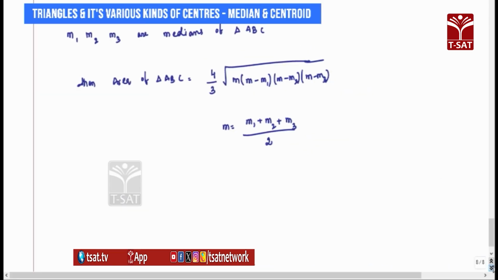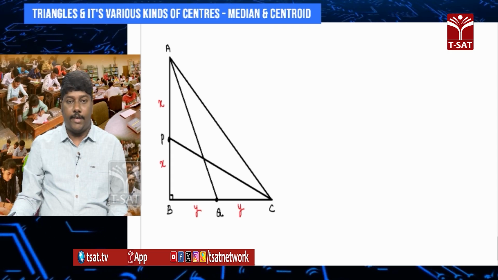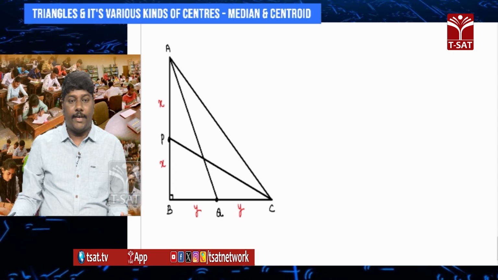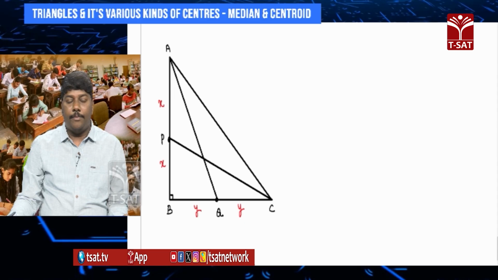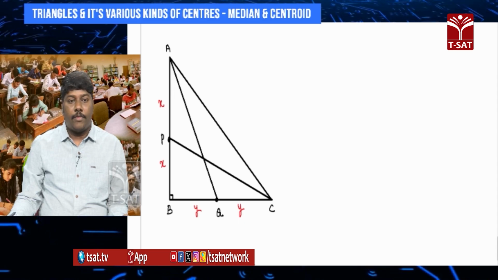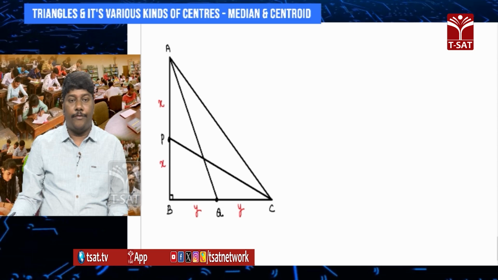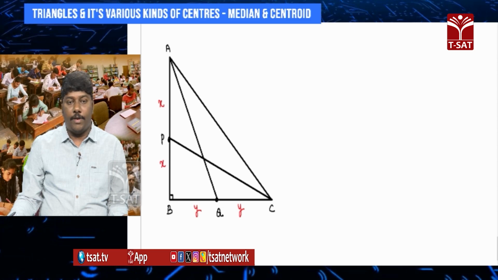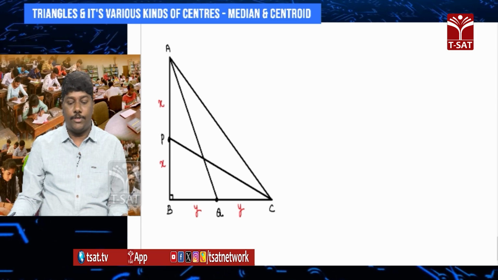Now let's consider medians in a right angle triangle. I am taking a right angle triangle ABC as shown in the figure, where the right angle is at B. Now AQ and PC are medians of this triangle. Medians are intersecting as shown in the figure, and P is the midpoint of AB, Q is the midpoint of BC. Now apply the Pythagoras rule in this triangle.